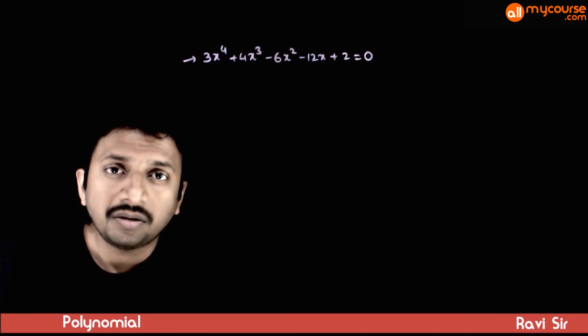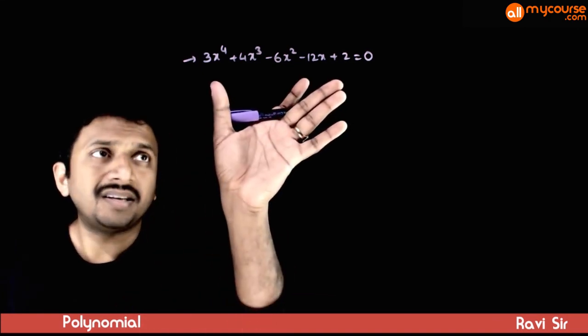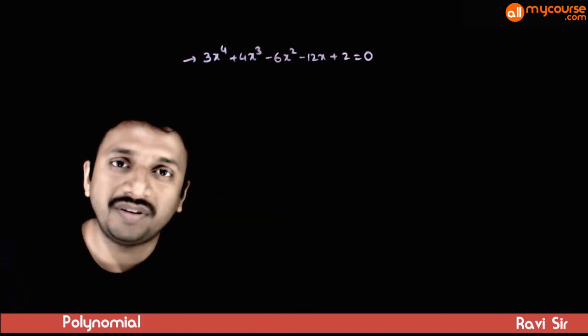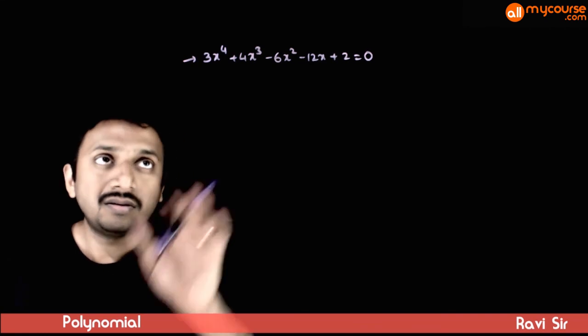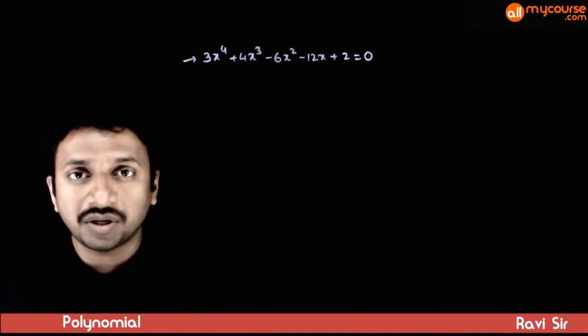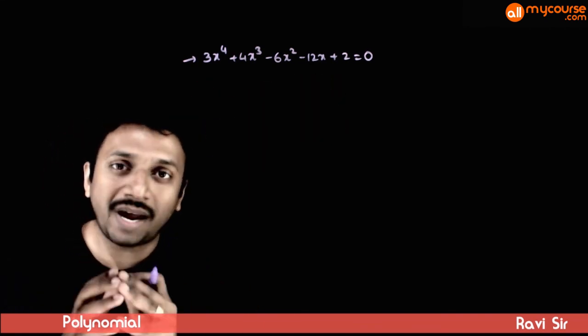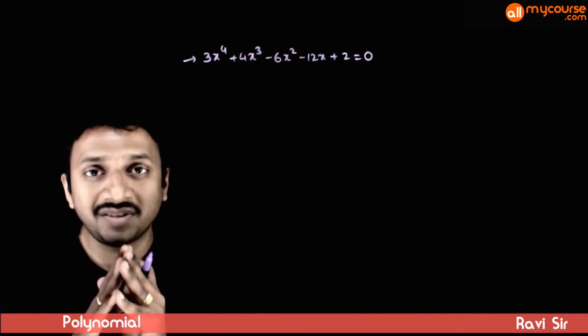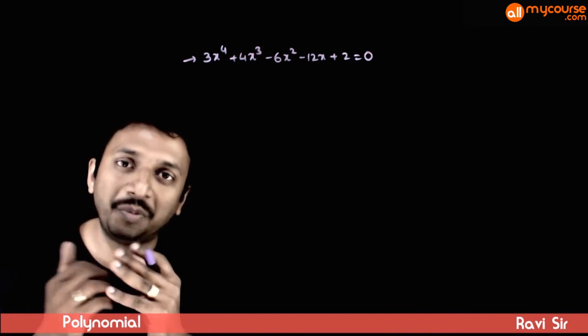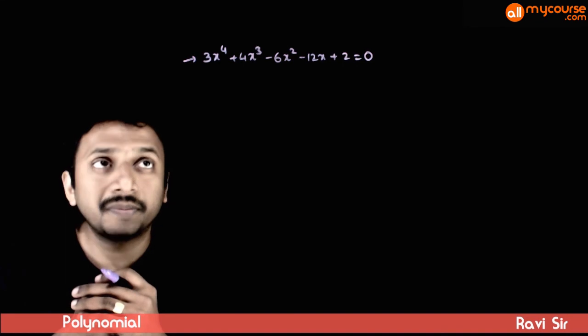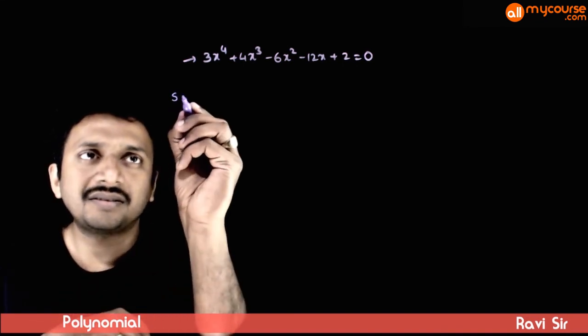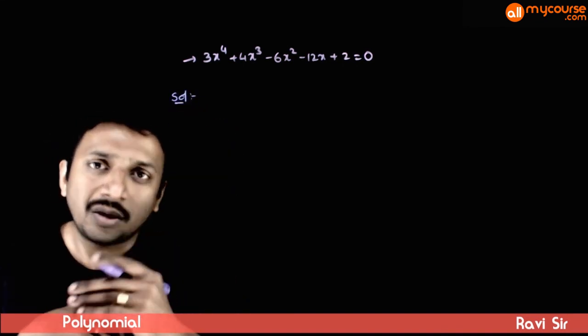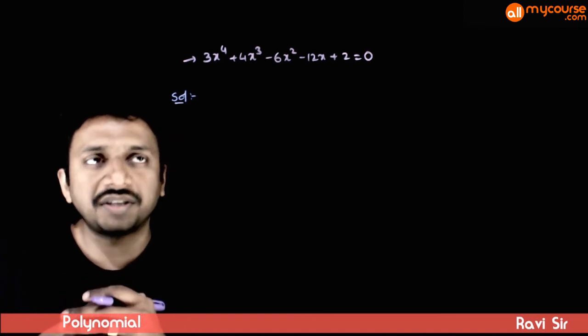So in this question, you're asked to analyze the nature of roots of this equation. You have a 4th degree equation. You're asked to find how many of the roots of this equation are real and how many are imaginary. To understand this, let us go for the differentiation of this function.